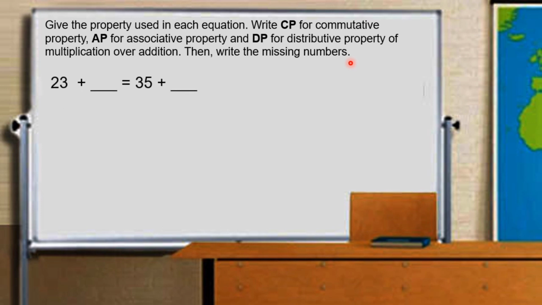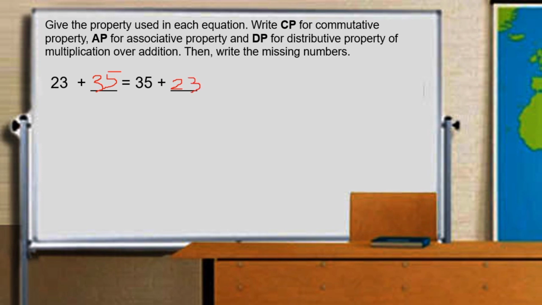So, let's have our number 1 given. We have here 23 plus blank equals 35 plus blank. So, our answer here is, yes, this one is 35. And then, on the second expression, we have 35 and then yung 23.